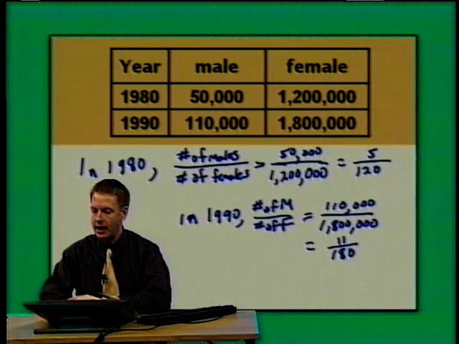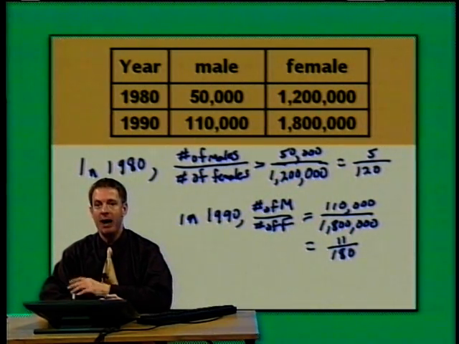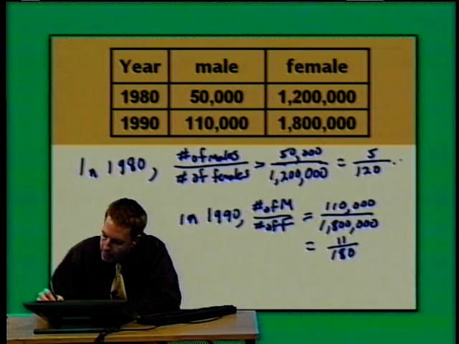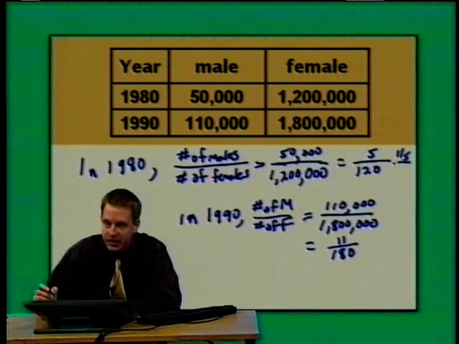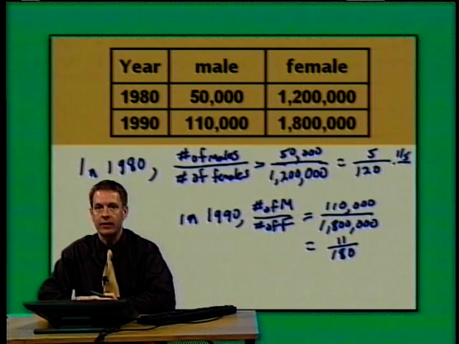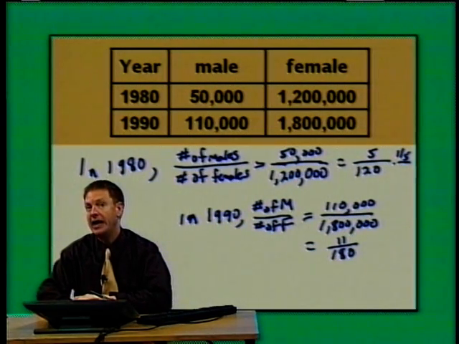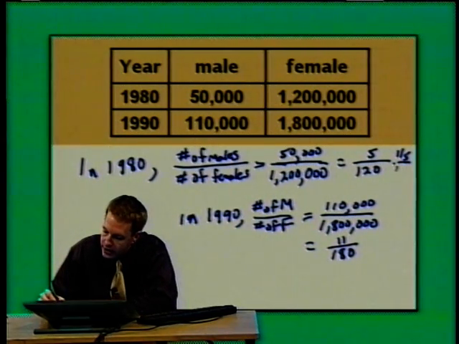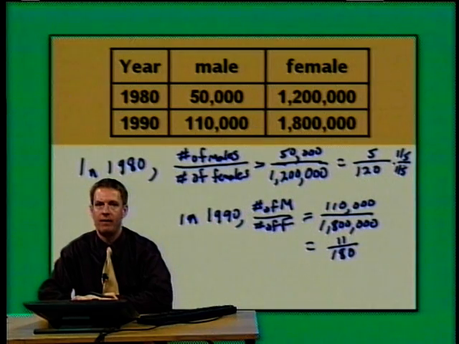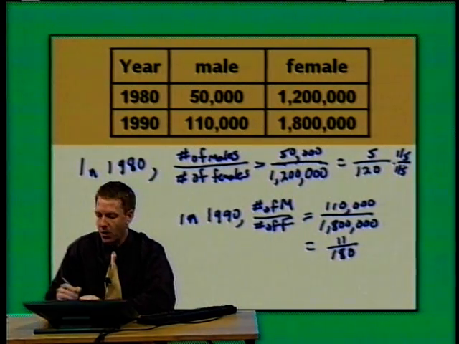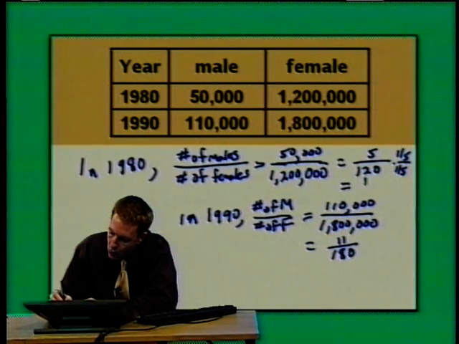And in order to make that determination, I need the numerator of both of these fractions to be 1. So looking at the 1980 fraction, I can make the numerator 1 by multiplying the numerator by the reciprocal of 5, which is 1/5. But in order for me to create an equivalent fraction, I need to multiply by a form of 1, which means that I also need to multiply the denominator by 1/5. When I perform these multiplications, I end up with 1 in the numerator.